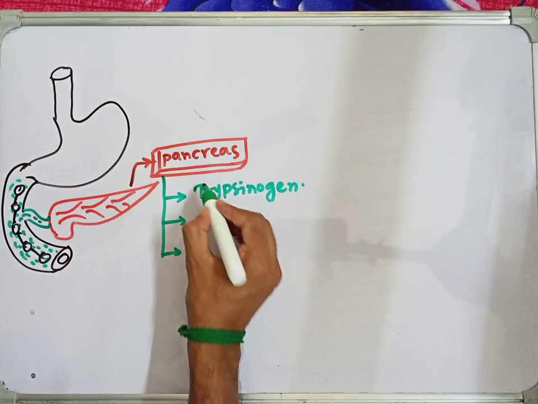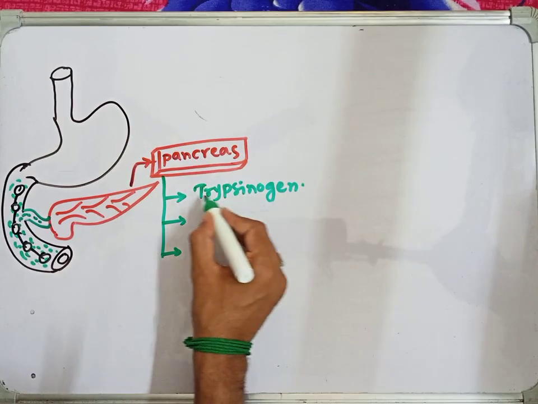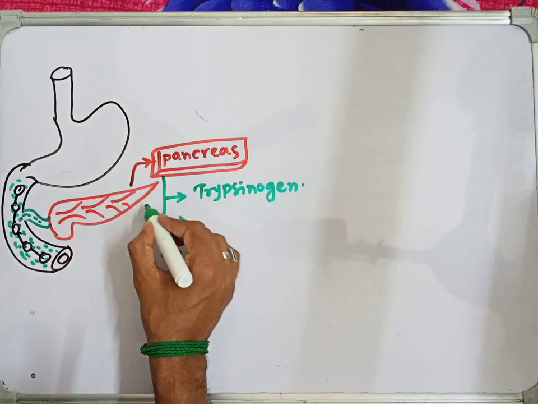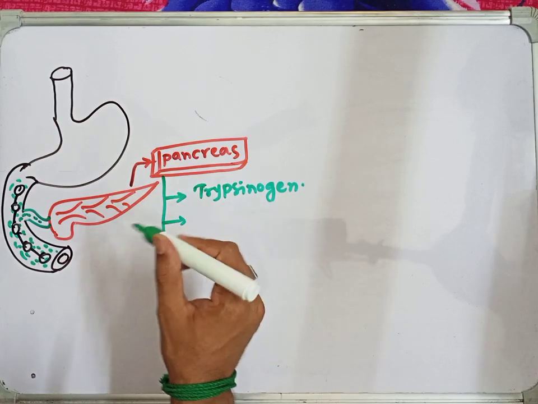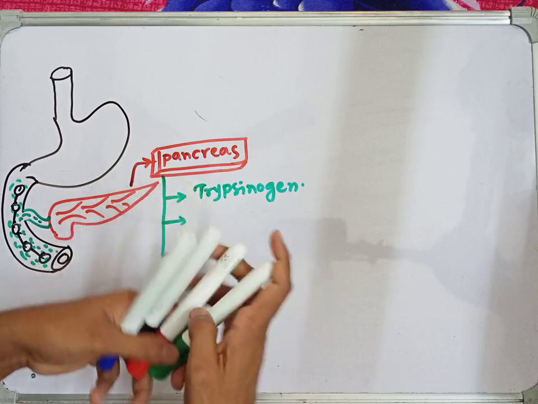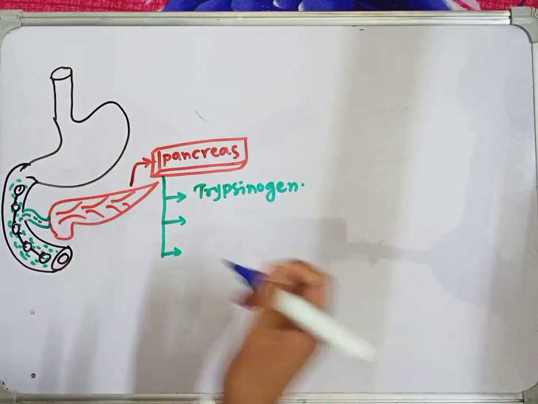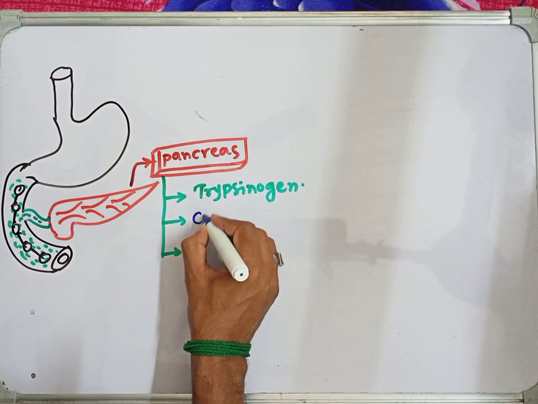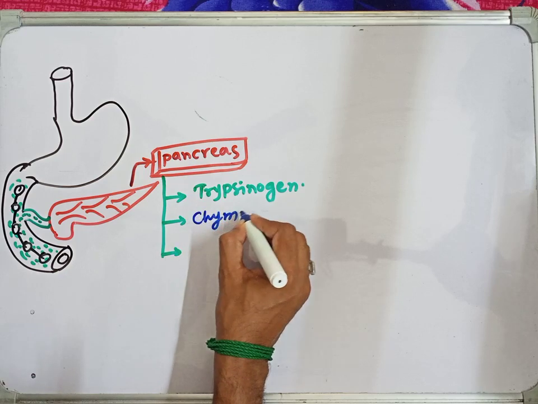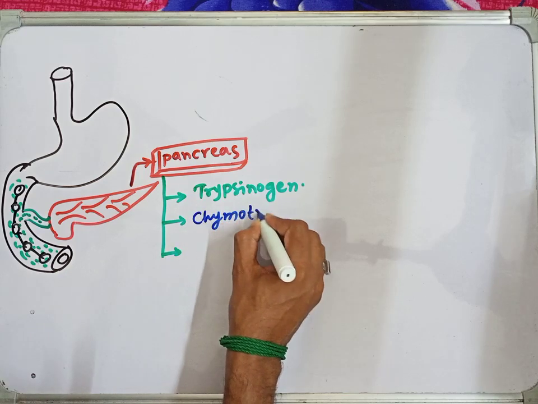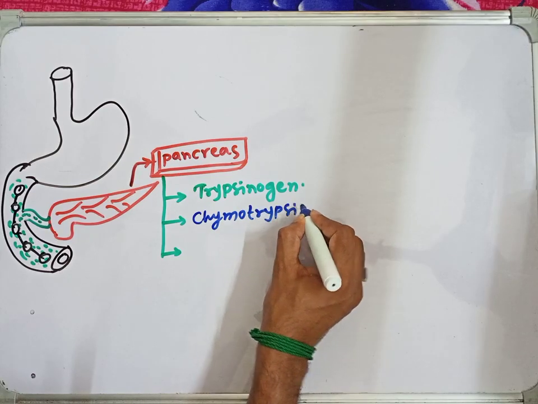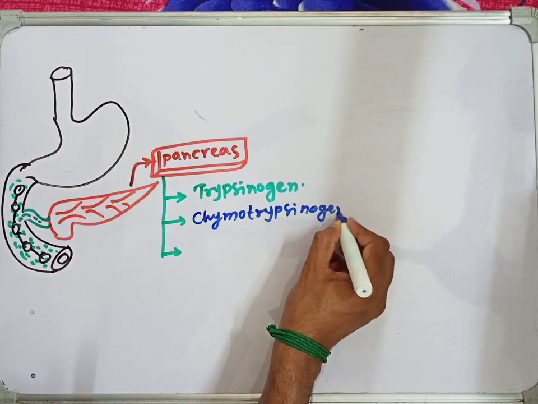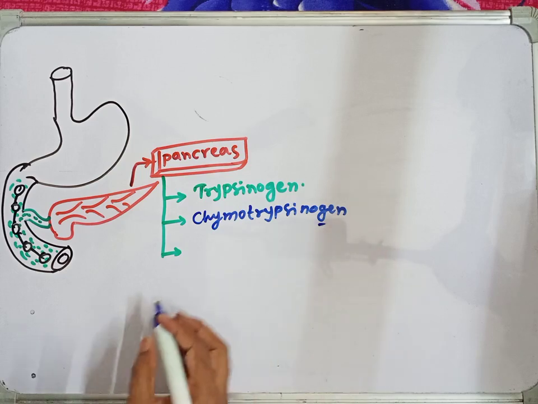You already know that. And that is trypsinogen, which is secreted by the pancreas, as well as another enzyme also secreted for protein digestion, that is chymotrypsinogen, and that is also an inactive enzyme.